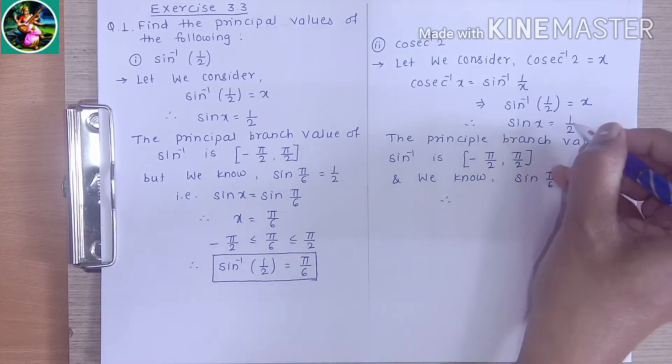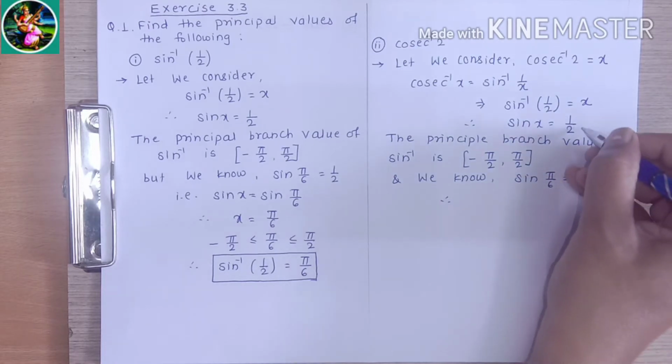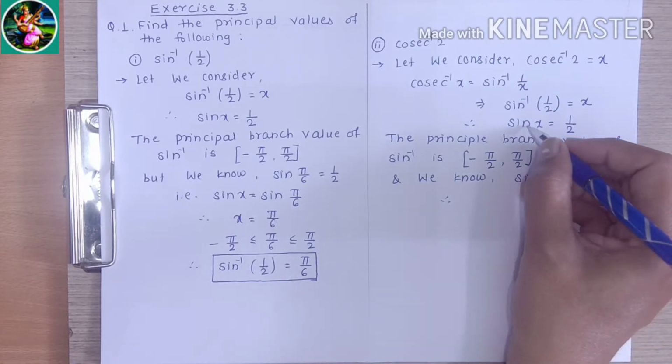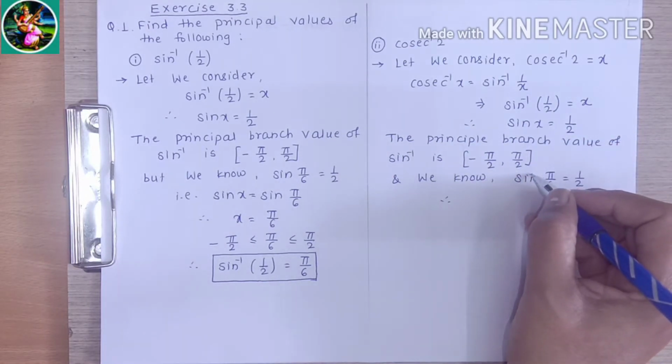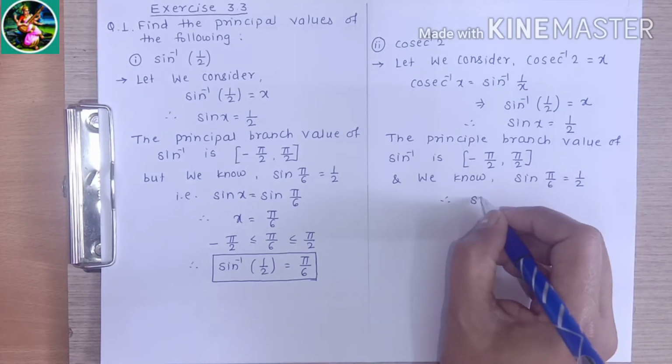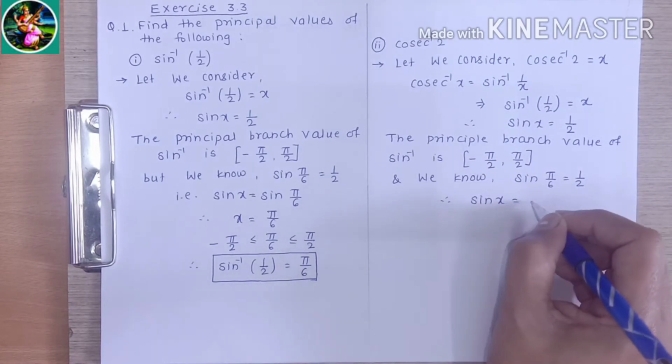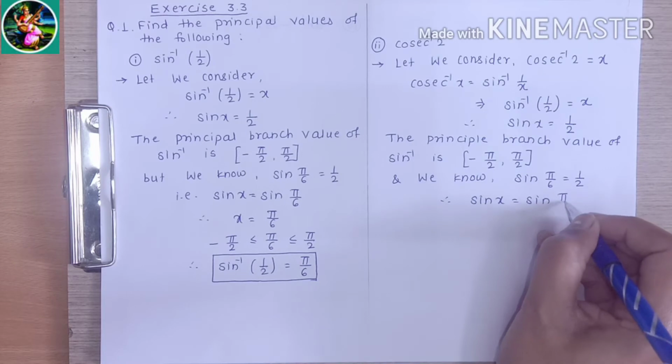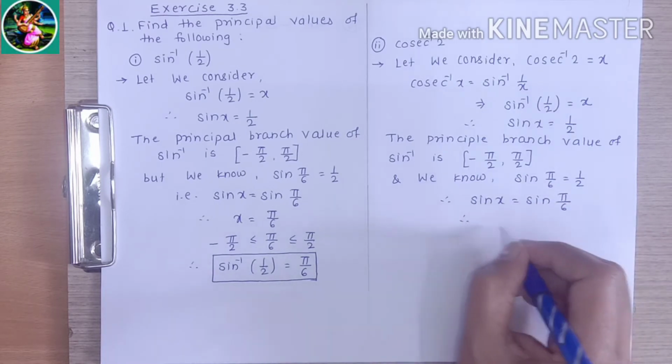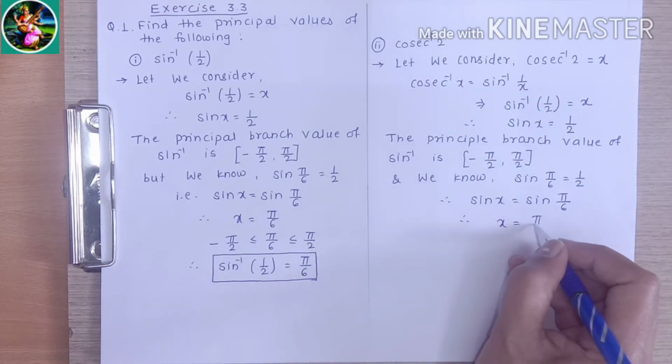Therefore, both the equations have equal right hand sides. Therefore, we write the equality for their left hand sides, that is sin x is equal to sin of pi by 6. Therefore x is equal to pi by 6.